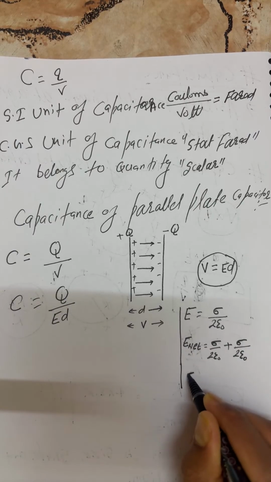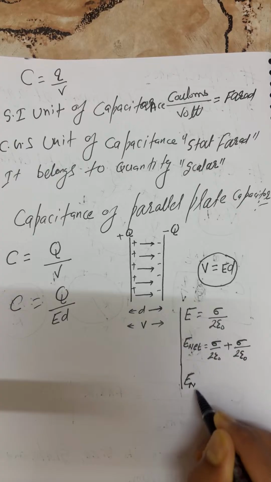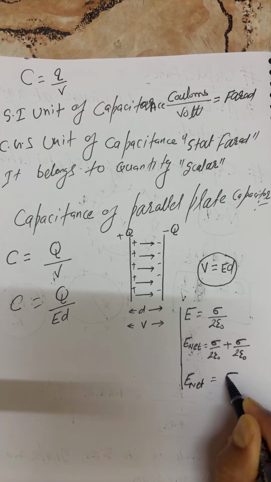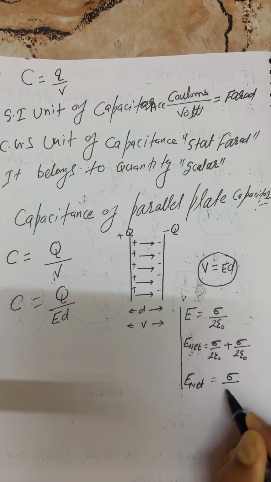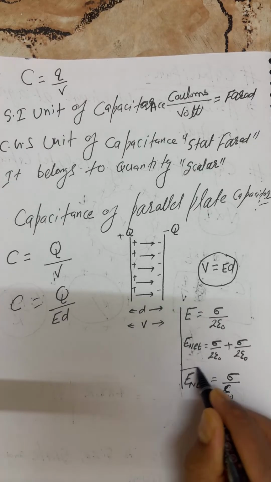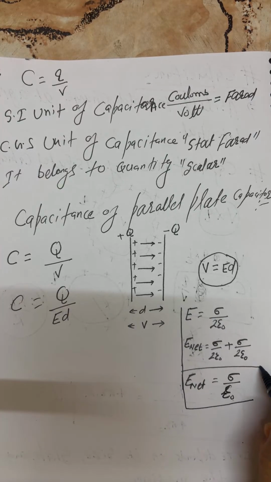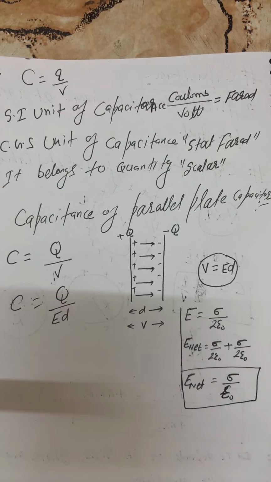So the net is sigma by epsilon naught. Remember from now on: for a parallel plate capacitor, the electric field between the plates is sigma by epsilon naught.